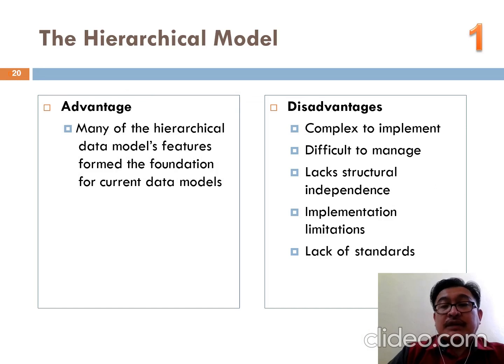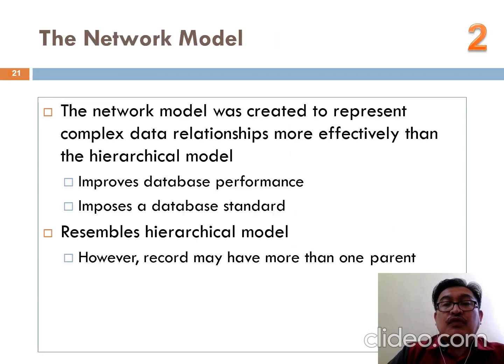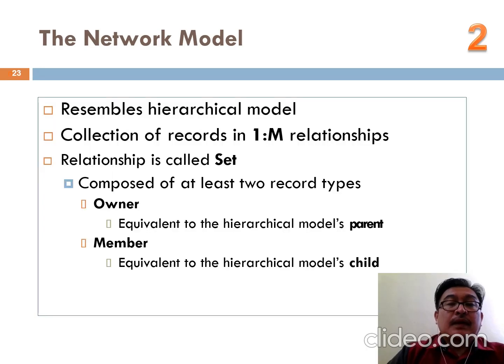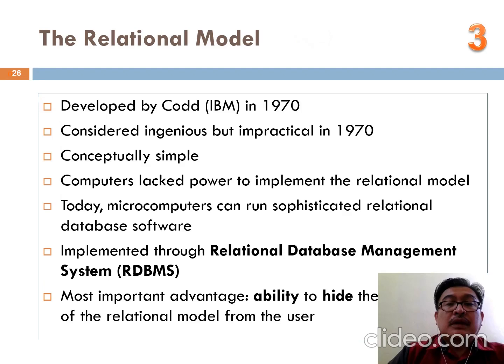These are the advantages and disadvantages of the hierarchical data model, followed by the network data model, where you can see it branches out rather than being in a hierarchy. After the network model, we come to the relational model. The relational model is the data model that we want to look at in this course.